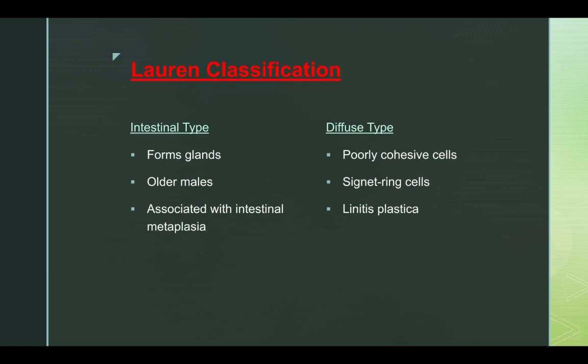Molecular defect, as I already told, there is mutation in APC, beta catenin, and TP53 in intestinal type, whereas CDH1, that is E-cadherin mutation in diffuse type. Intestinal type has a relatively better prognosis compared to diffuse type.